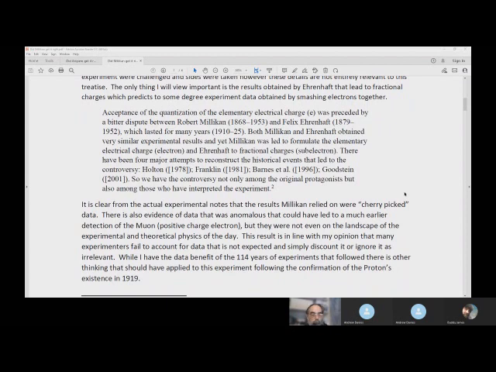In Austria at the same time, there was an experimentalist called Ashcroft, and he did similar experiments, except he used water drops rather than oil drops. And at the time Millikan published his results, Ashcroft criticized Millikan quite severely, and it caused a serious argument that was never really resolved.